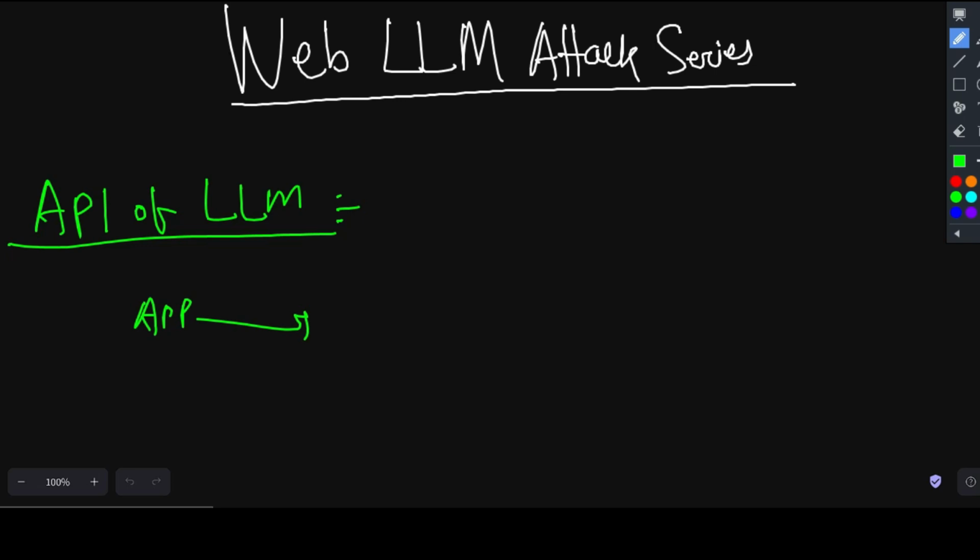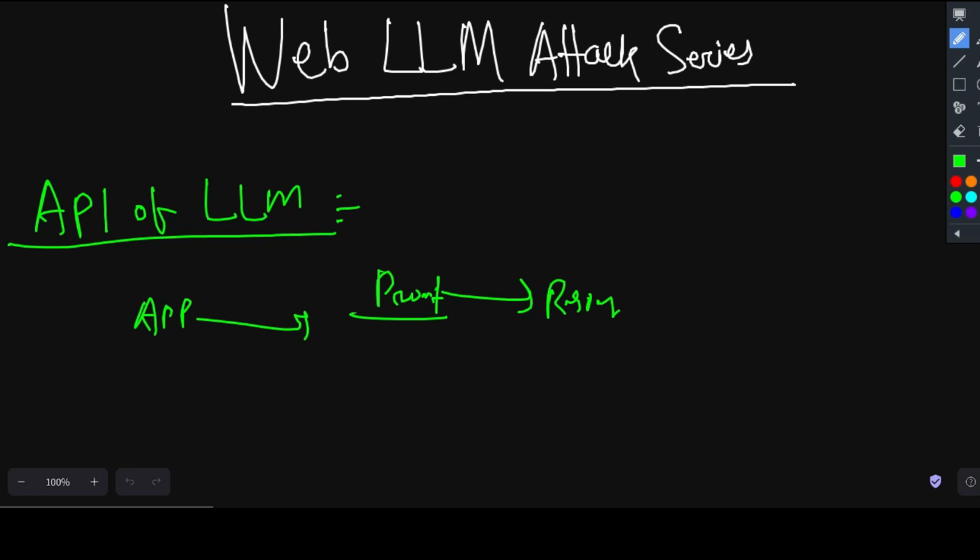It sends a request, like a question or prompt, to the LLM model, and then brings back the model's response. You can say the API is a friendly courier that delivers messages back and forth. So this is the basics of how an API works with an LLM.